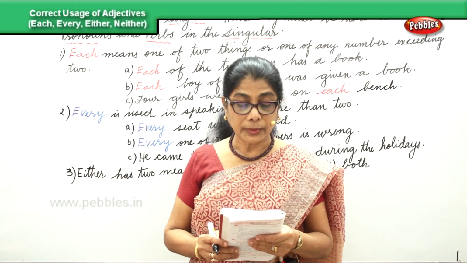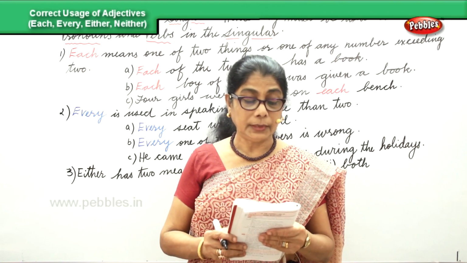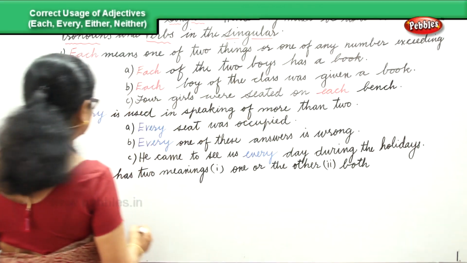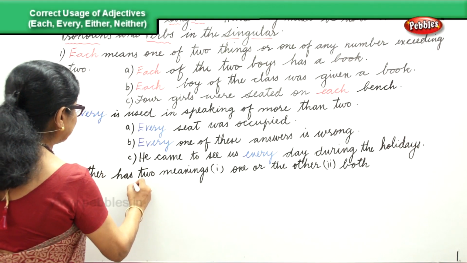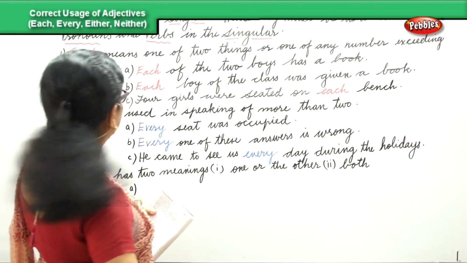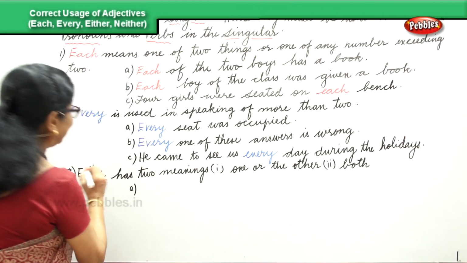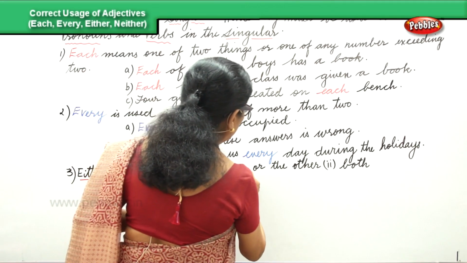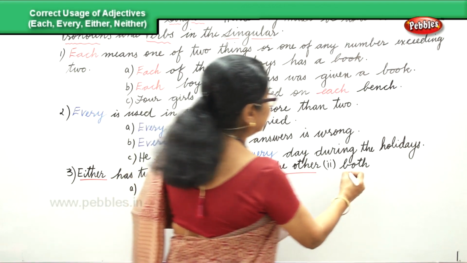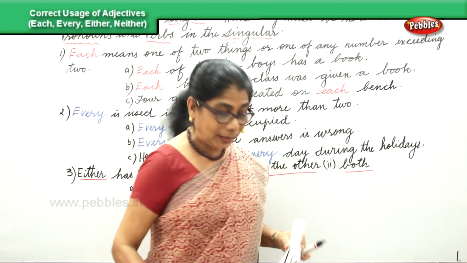Now, let's look at the sentences here. I have a couple of sentences for you. So when we say either, either has two meanings: one or the other, or second one, both. Now let's look at the sentence.